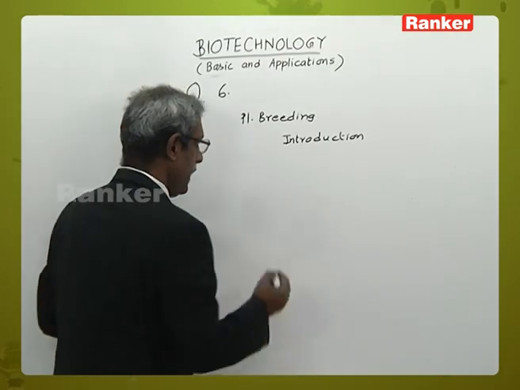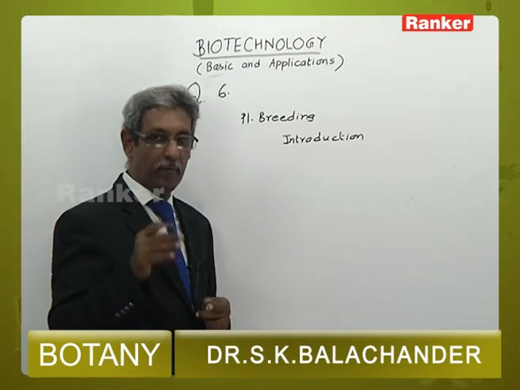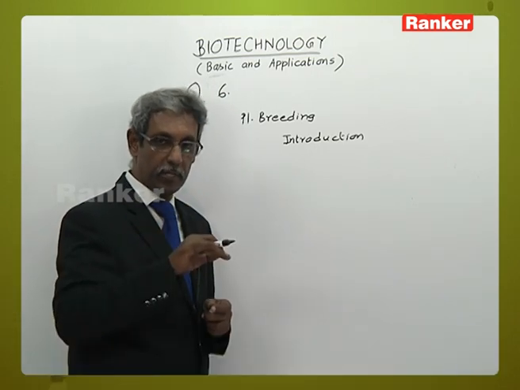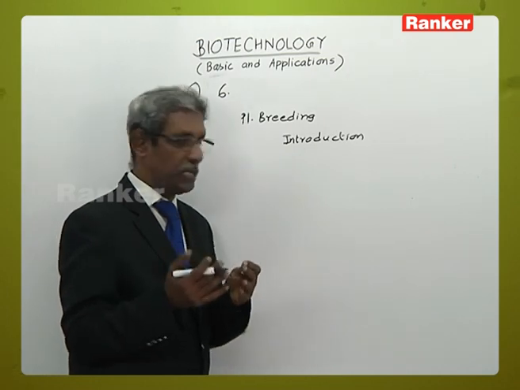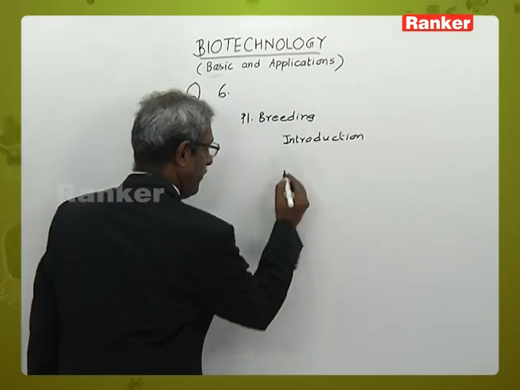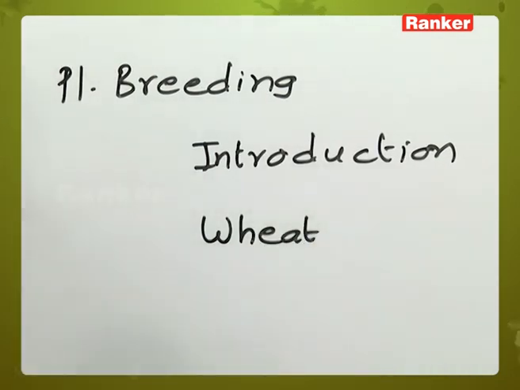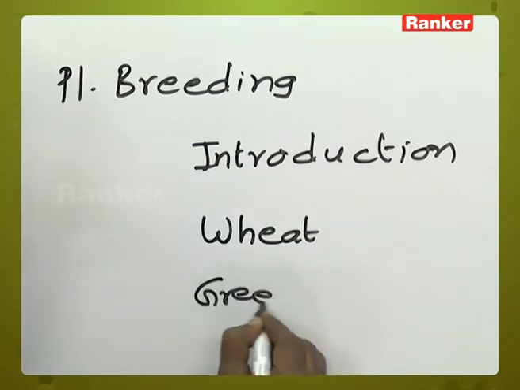In introduction, a variety from some other place, not of its origin, is introduced into the local area for cultivation. So introduction has occurred in the context of wheat in India, which has brought in the Green Revolution.